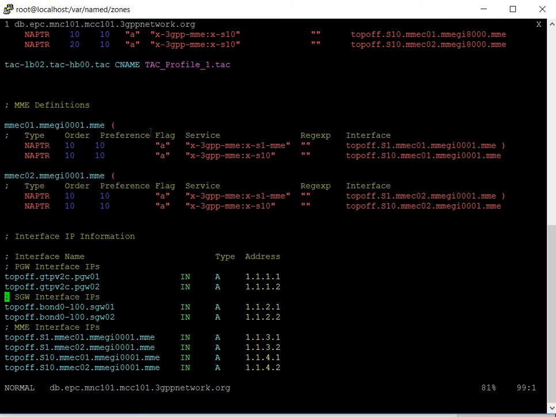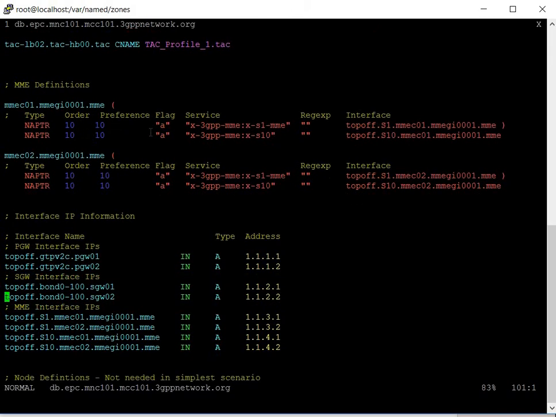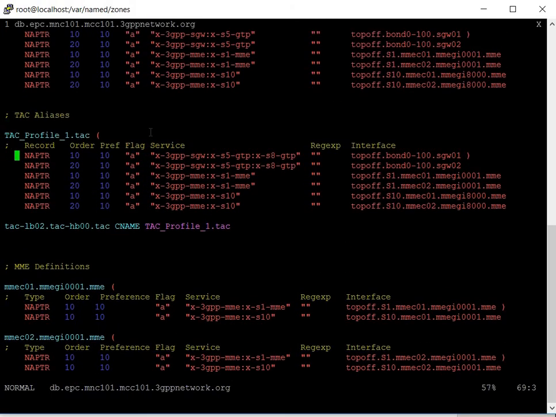How do I do that? And that's where these records come in. These are just regular IP address records, the A records. So I've flagged that service as being mapped to this interface, and then aside from that, I've also mapped this IP address as being the address to use when I want to reach that interface. So these are A records. Incidentally, if I go back to all these NAPTR records, that flag statement says what to do next.